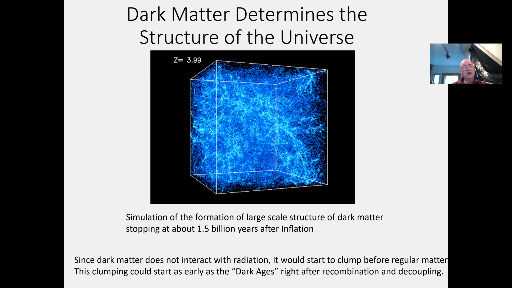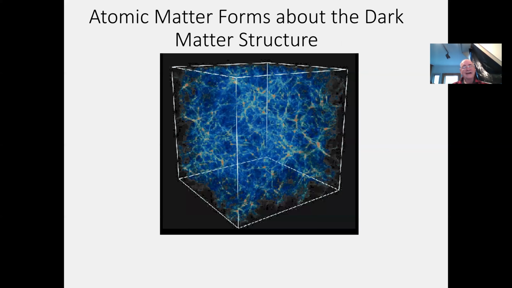Dark matter got a head start. Dark matter was the one that caused the structure, and this is what we find when we simulate dark matter through these wonderful simulations, and then hook regular matter on for the ride.